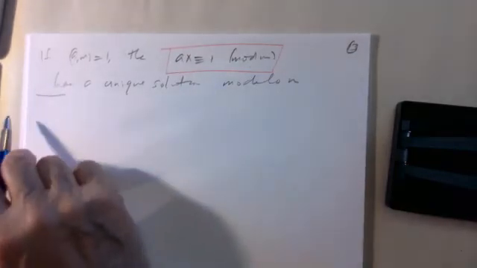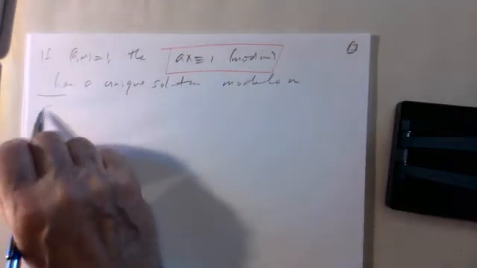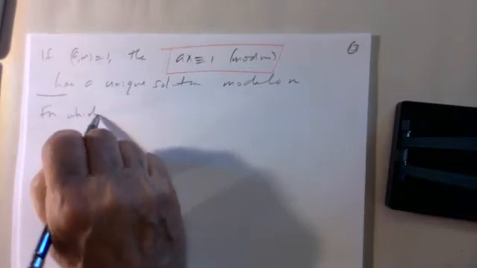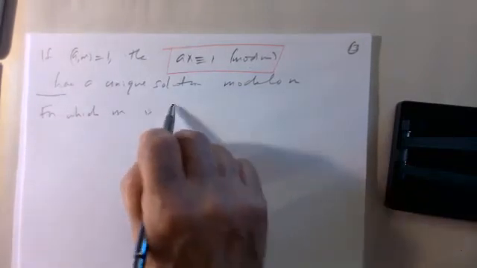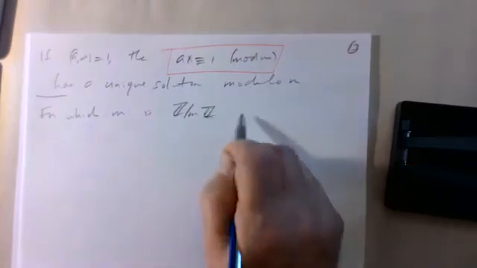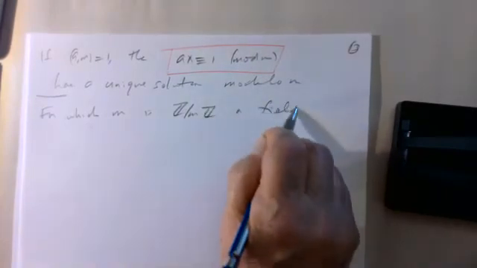Now, let's go back to our problem: for which M is this ring of congruence classes a field?